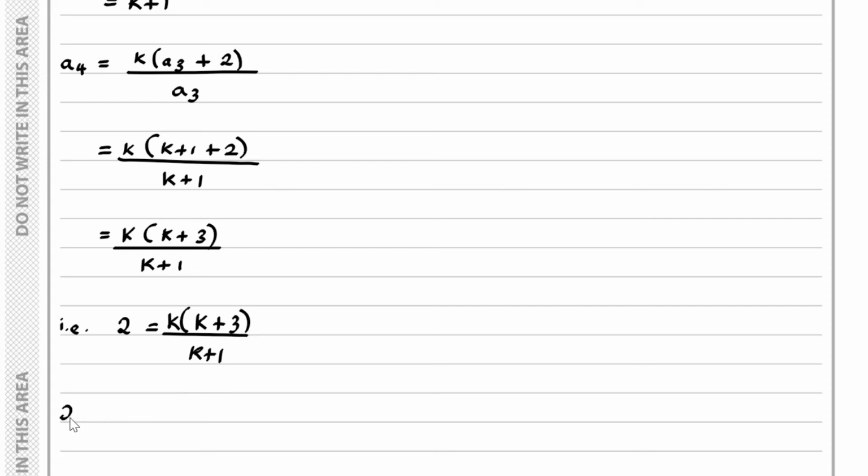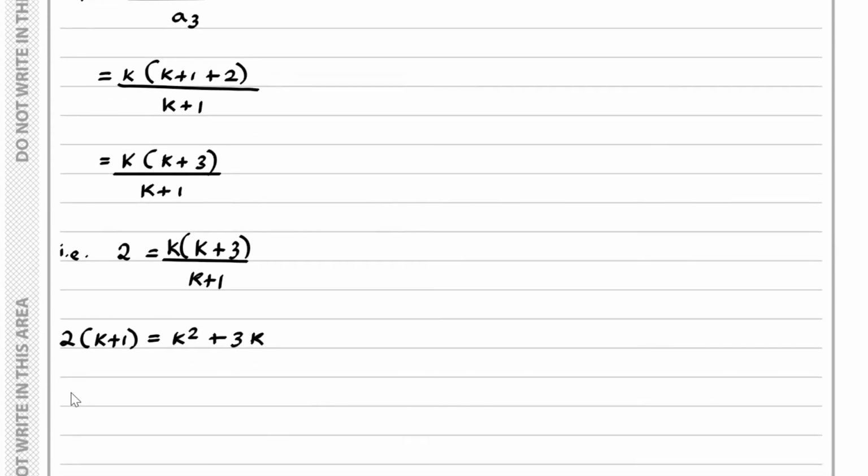So we have 2 lots of k plus 1 equaling k squared plus 3k. Therefore 2k plus 2 is equal to k squared plus 3k. Of course, we can conclude that k squared plus k minus 2 is equal to 0.